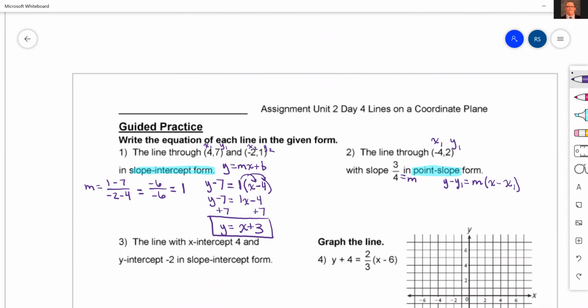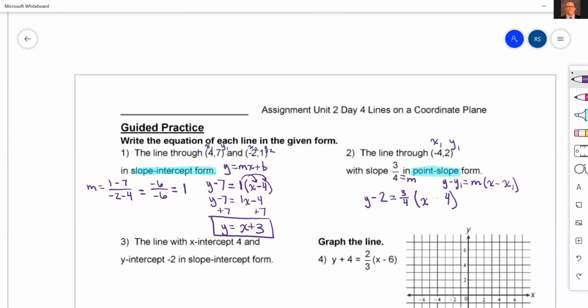We have everything labeled, so we can just plug in. y minus 2 equals 3/4 times x minus -4. Now, what is minus a negative? That turns into a positive. There's our answer.